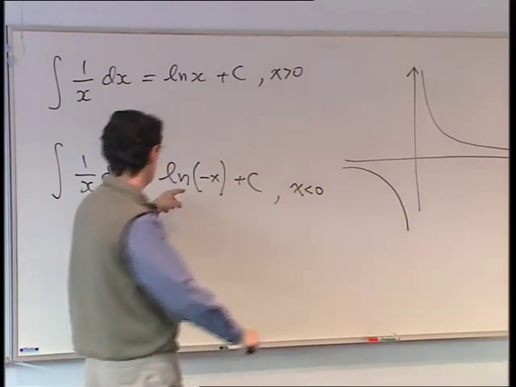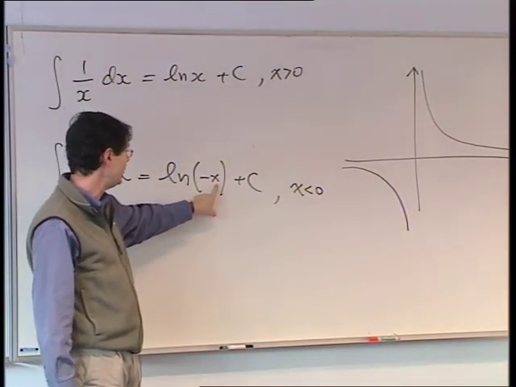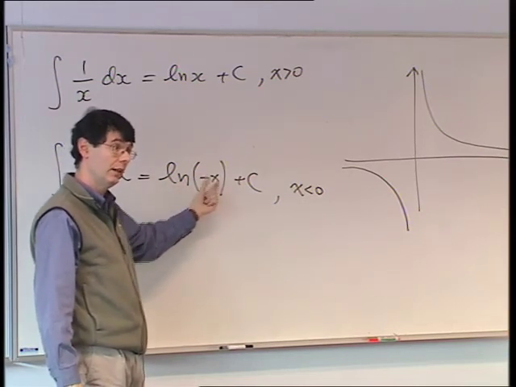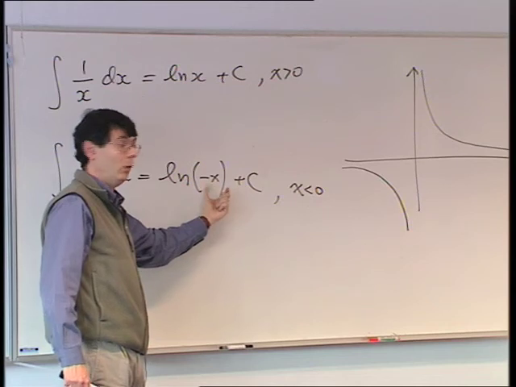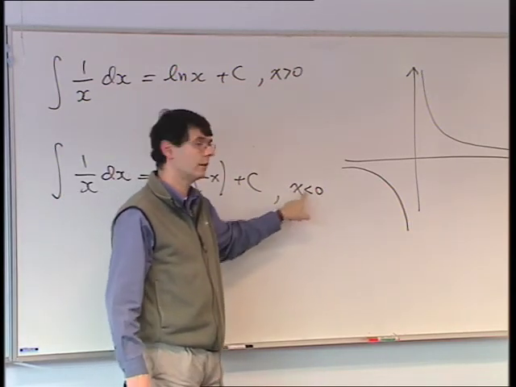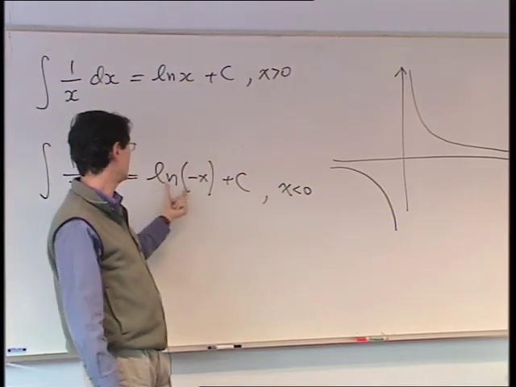This is all right. It's a log of this quantity here. The x is negative, and I put a negative in front, so it's a log of a positive thing. There is a double negative here. One that you see with a negative, and one that's implicit in the fact that the x itself is negative, okay? So this is a log of a positive quantity.